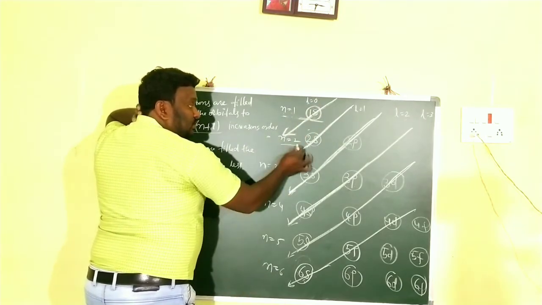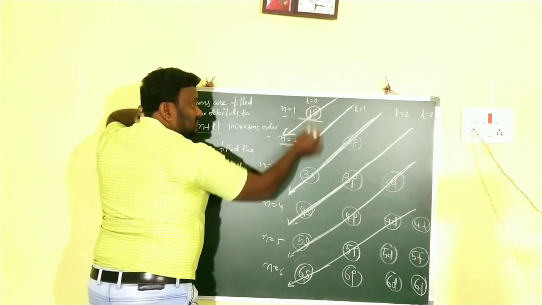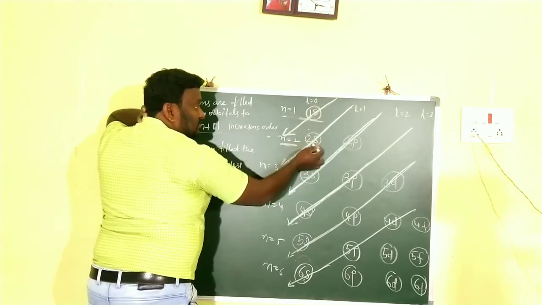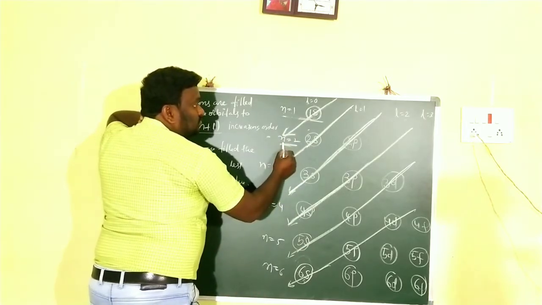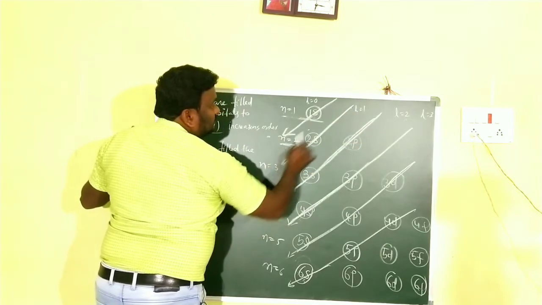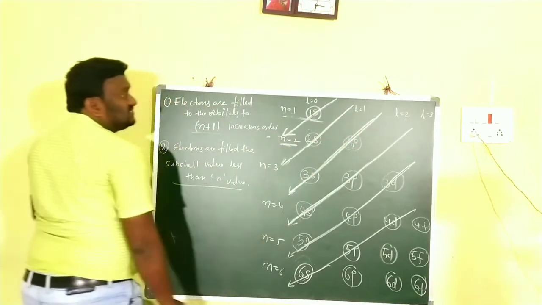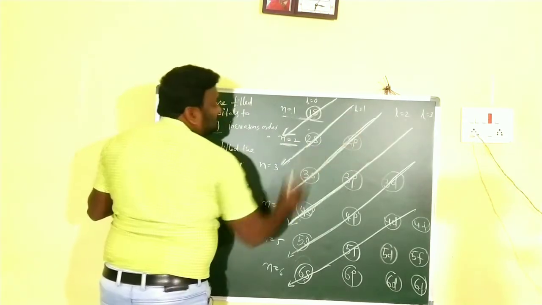Then n equals 2 where the l value is 0, 2 plus 0, that is 2s. And next n value is 2, l value is 1, so l equals 1 means 2p.